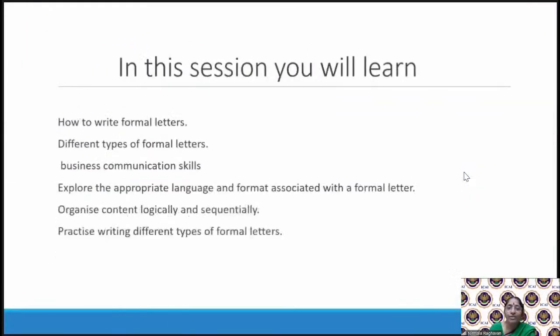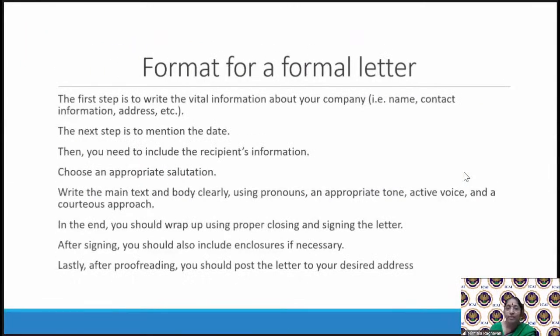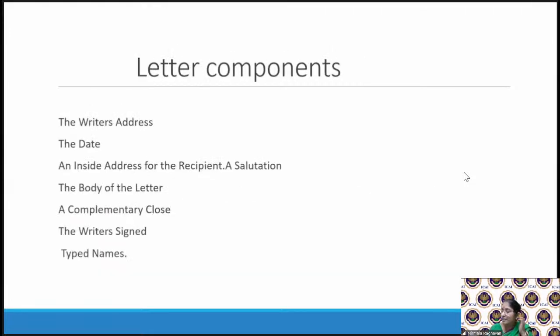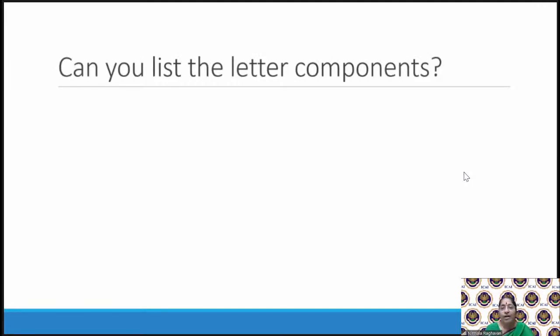Now let's look at this. Format for a formal letter. Letter components: the writer's address, the date, the inside address, the body of the letter, the complimentary clause, the writer's signature, and typed name.